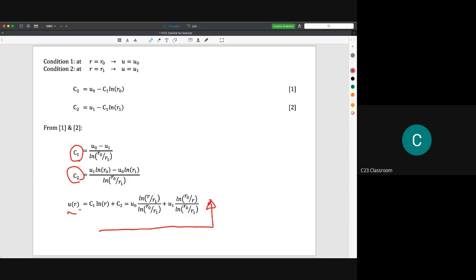Okay, so what is the usage of this one? This is actually the equation for a graph. It means that if you want to show the velocity distribution for that application, you can draw or create a graph, and then you could know the pattern of the velocity profile.